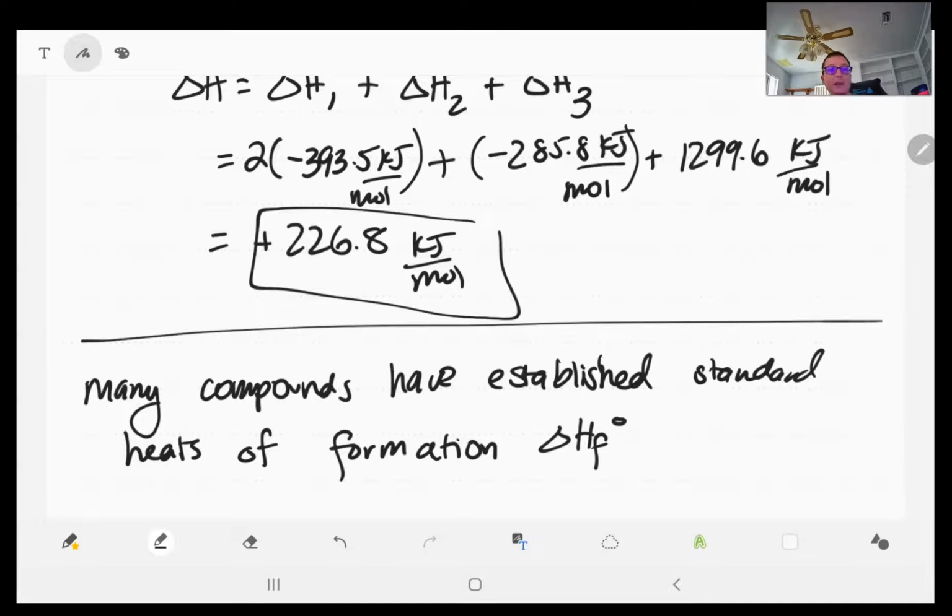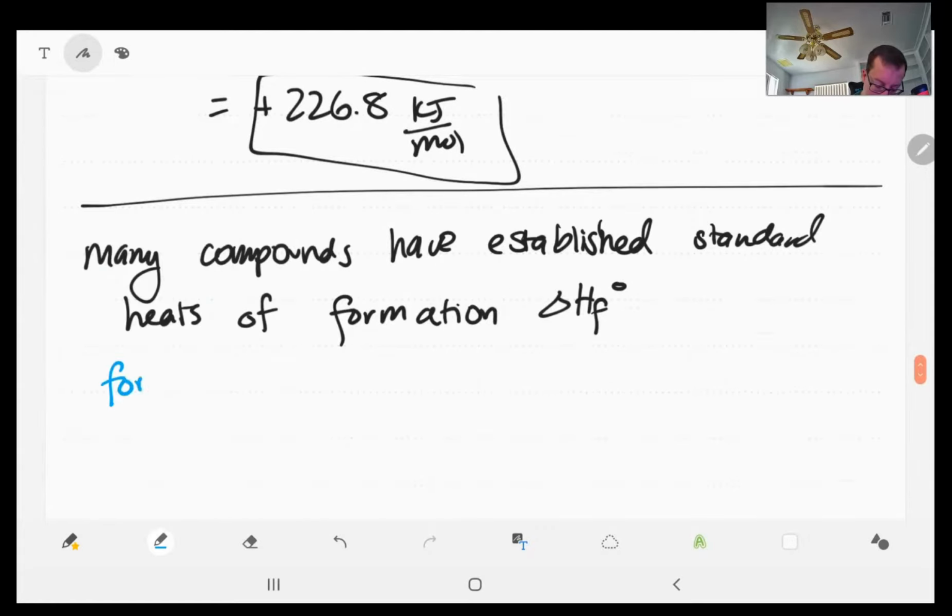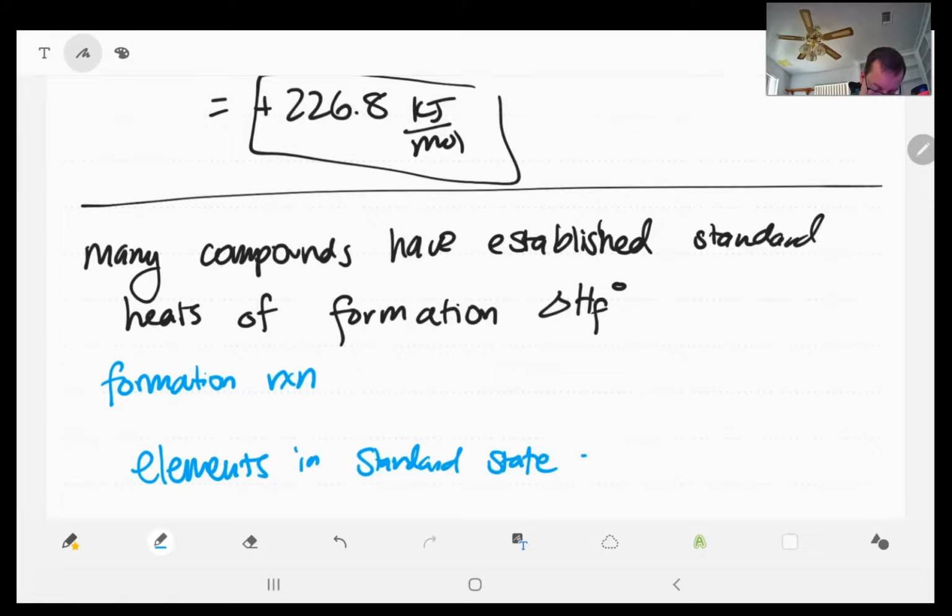And what these are, a formation reaction takes all of the elements in a compound, it tells us the delta H for this reaction.